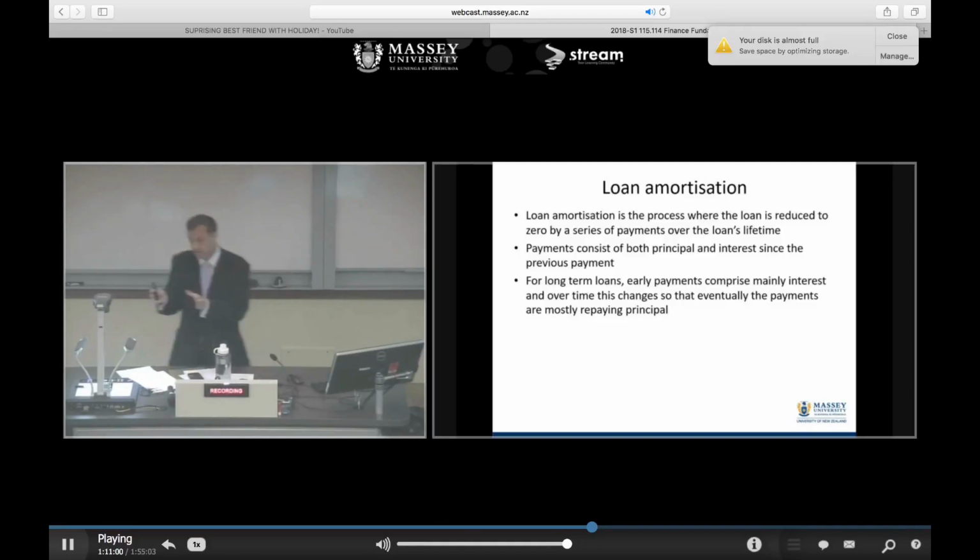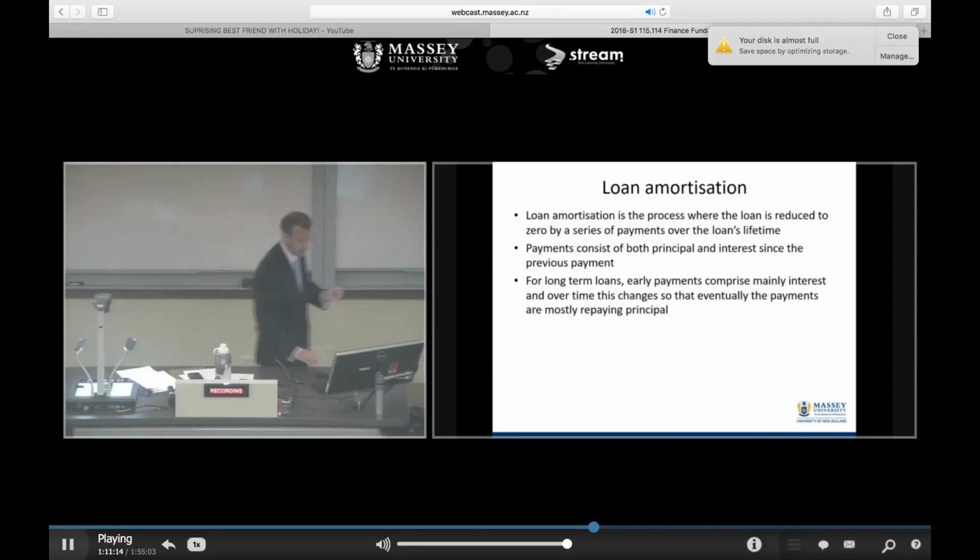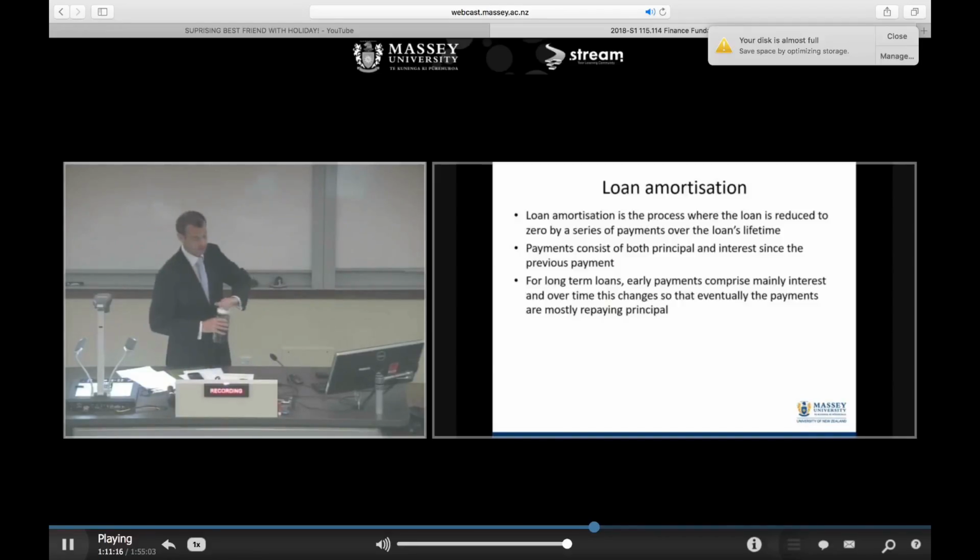Near the end of the loan's life, the opposite is true. You're paying off more of the principal amount, and they are taking away a whole lot less of the money as interest.